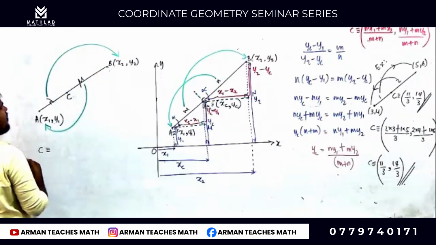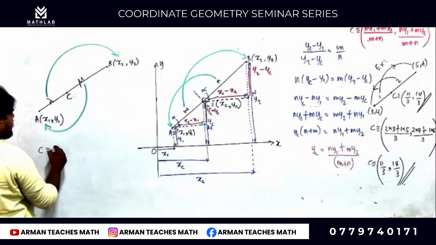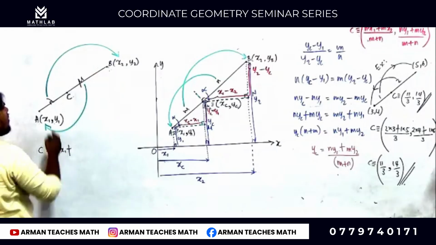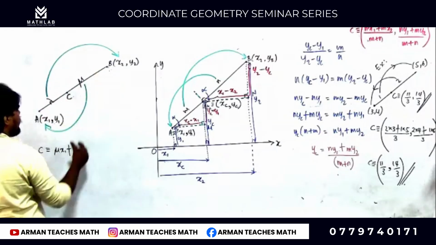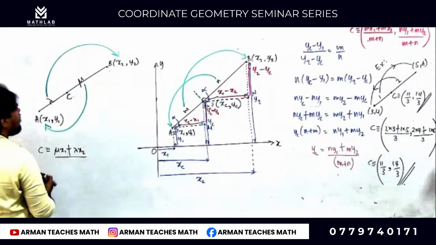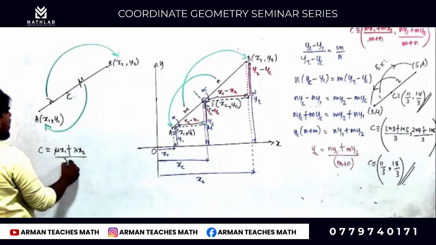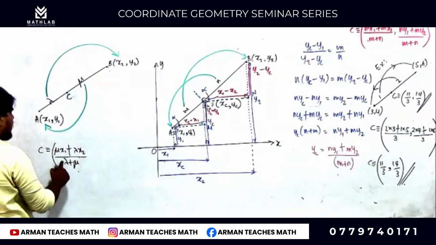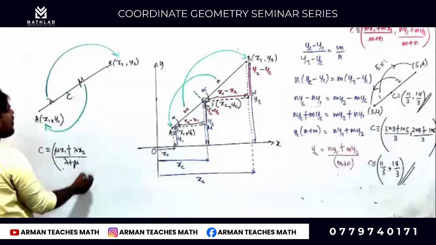We'll write it: mu times x1 plus lambda times x2, divided by the sum of the ratios, lambda plus mu. You don't need the bracket for the fraction, however when we write coordinates we must put a bracket, then a comma.